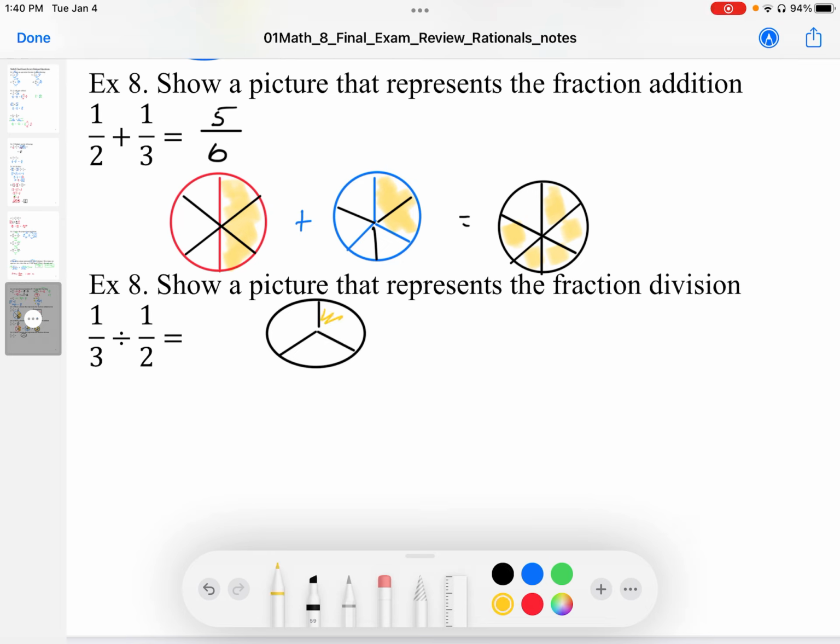So there's my 1/3 fraction here. I have my 1/3 fraction, and I'm going to divide that by 1/2. So I'm going to have a ratio of 1/3 to 1/2.